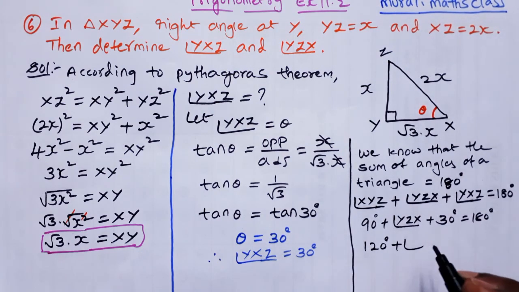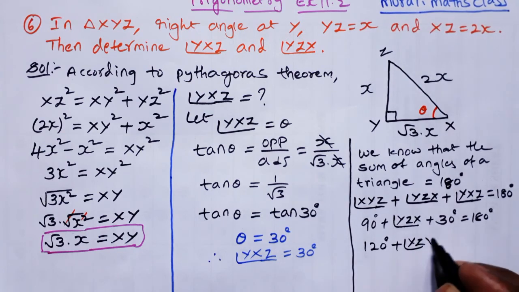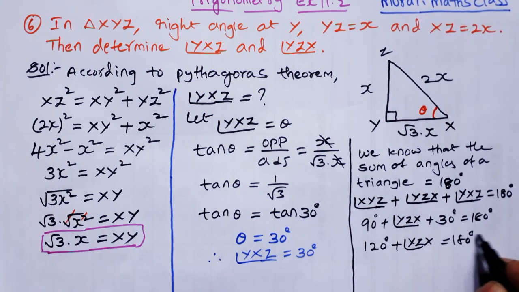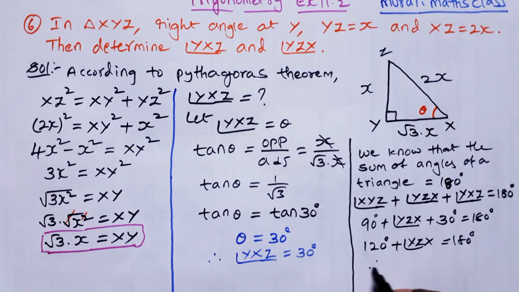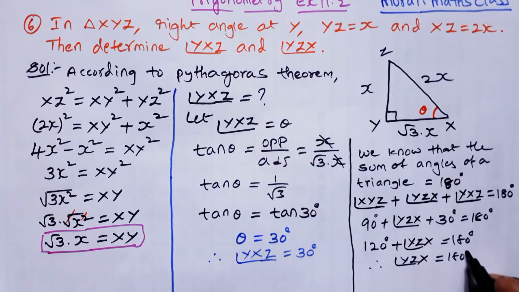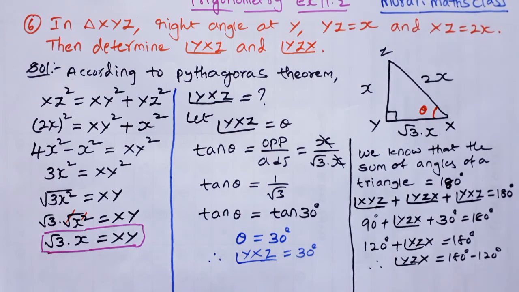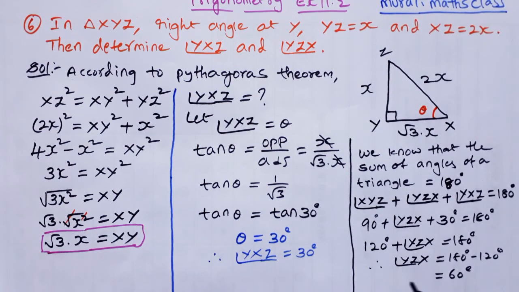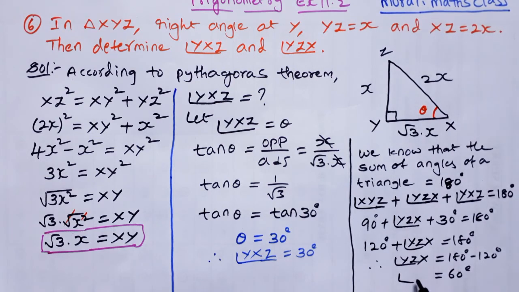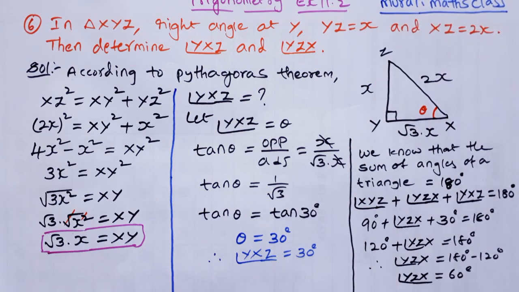Plus Y, Z, X equals to 180. Therefore, angle Y, Z, X equals to 180 degrees minus 120 degrees equals to 60 degrees. So finally we got the angle of Y, Z, X. How much we got? Y, Z, X is 60 degrees.